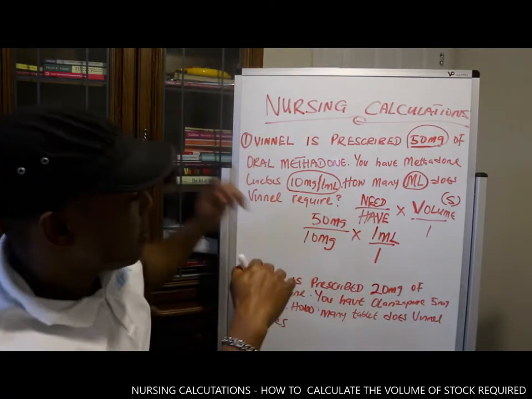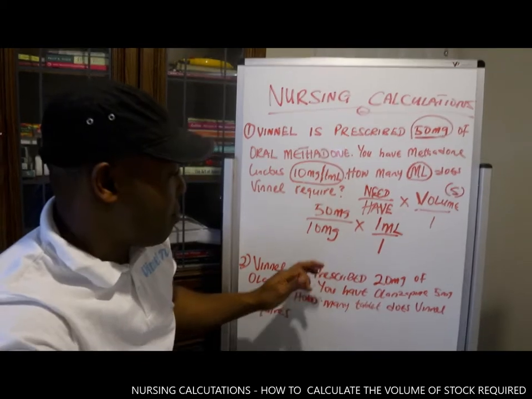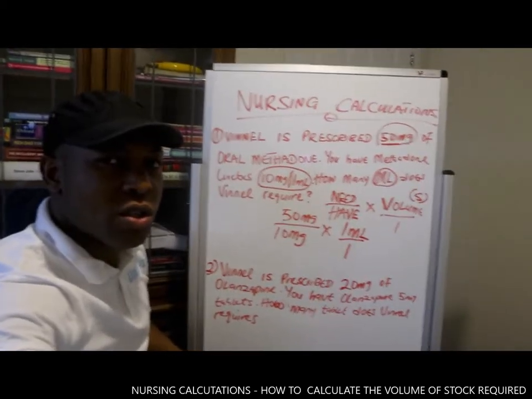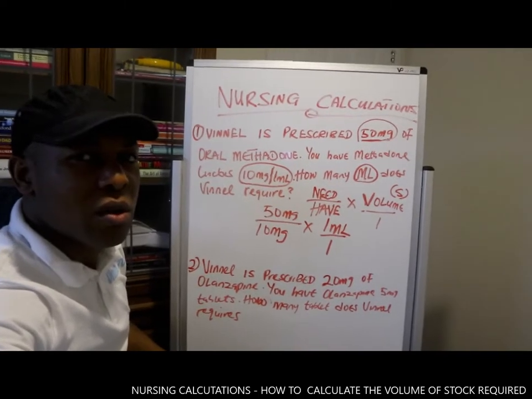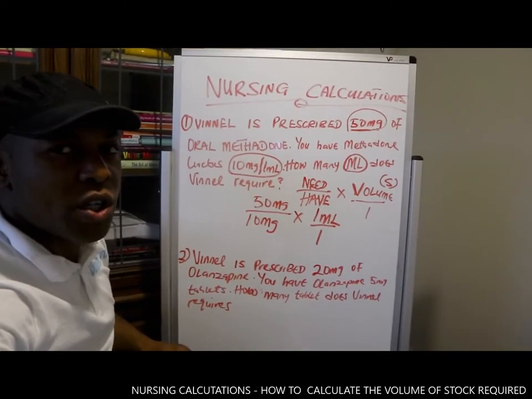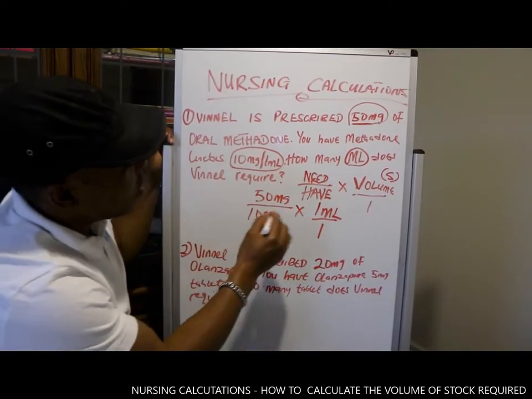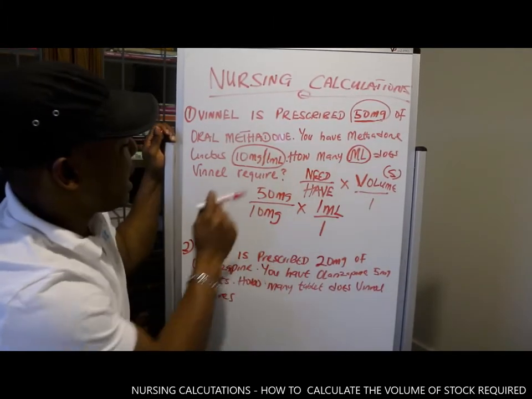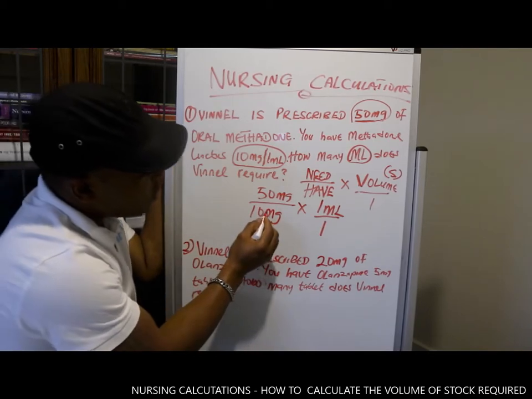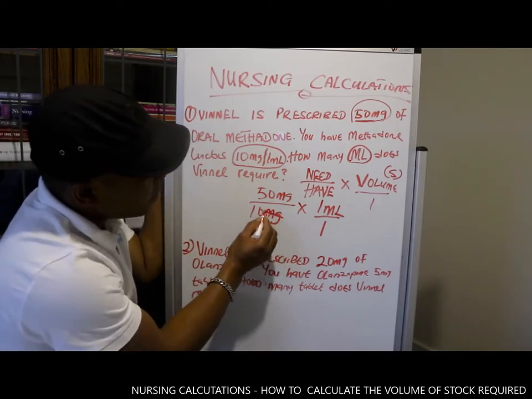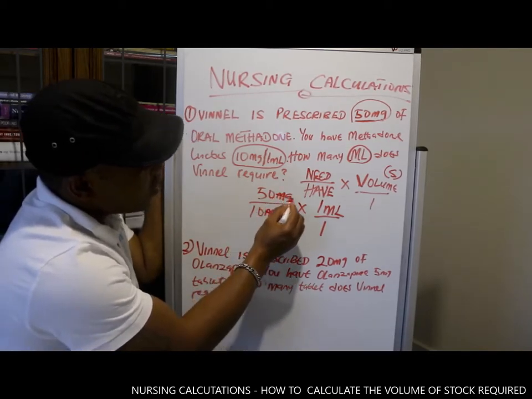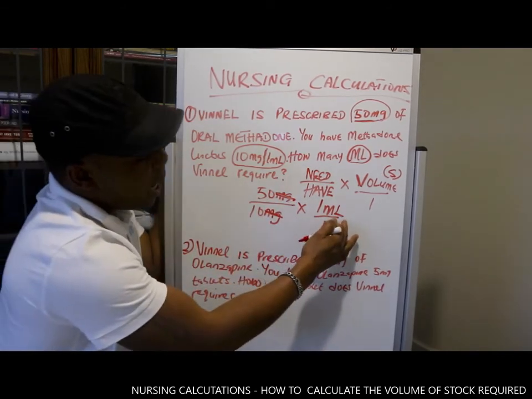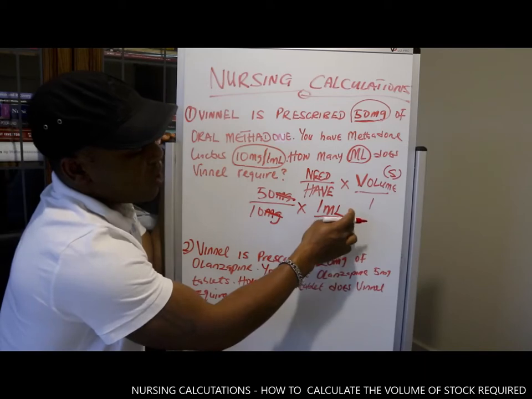Now you can see this math. Sometimes what you need to do is cross out some of the equation. The question is how many ml does Vinyl need. So first of all, you cross off milligram here and cross it off there. That tells you that your answer will be in ml, which is the volume.